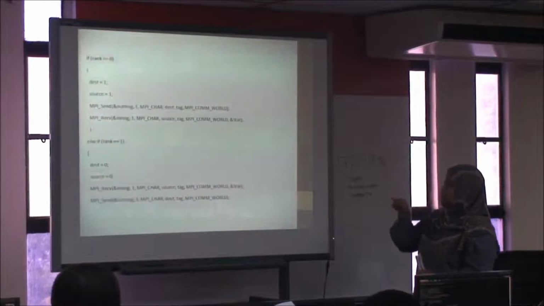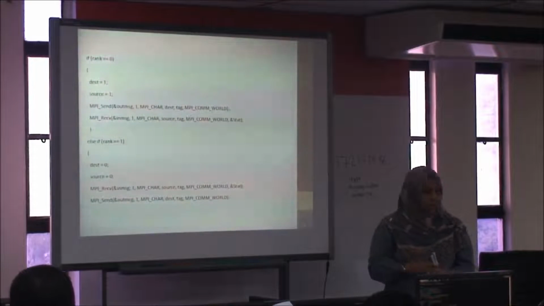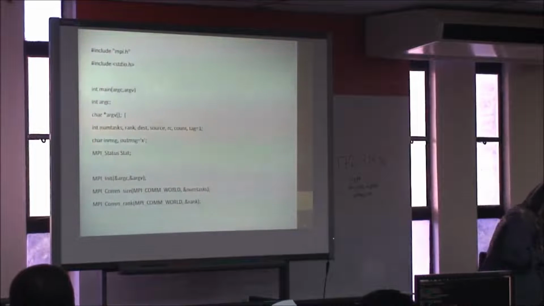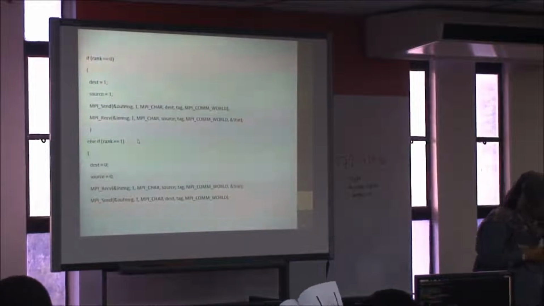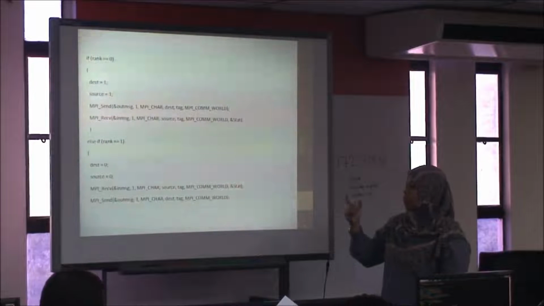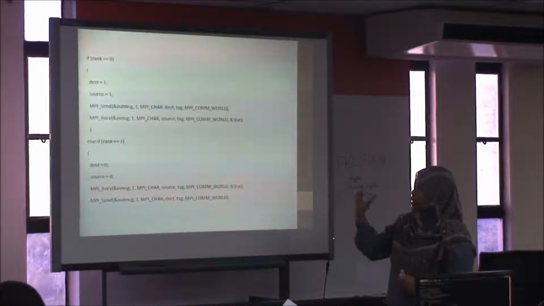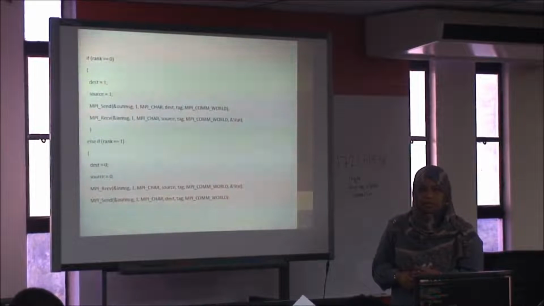Okay. So inside this bracket, if you identify our message, our message is X just now, right? The out message is X. And then the size of the message is 1, and MPI char is character.